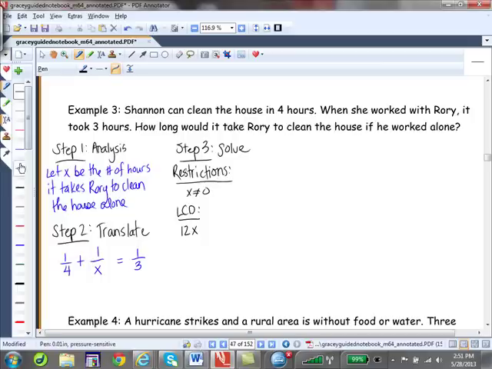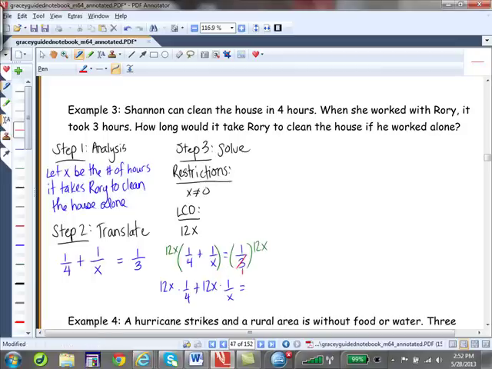So we'll have a fourth plus 1 over x is equal to 1 over 3, and then multiplying by the LCD, we will have 12x times a fourth plus 12x times 1 over x is equal to, so notice that the 3 divides out some of the 12, so we will get 4x on the right.